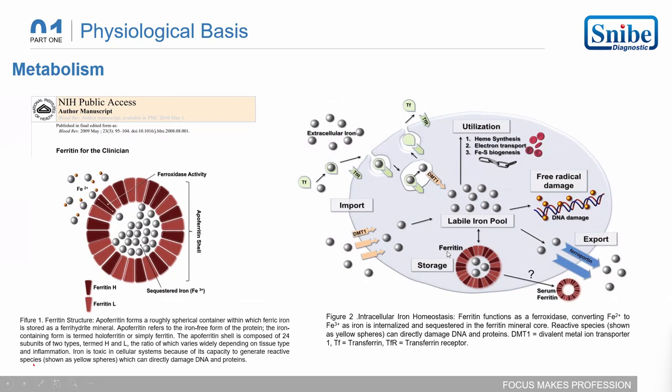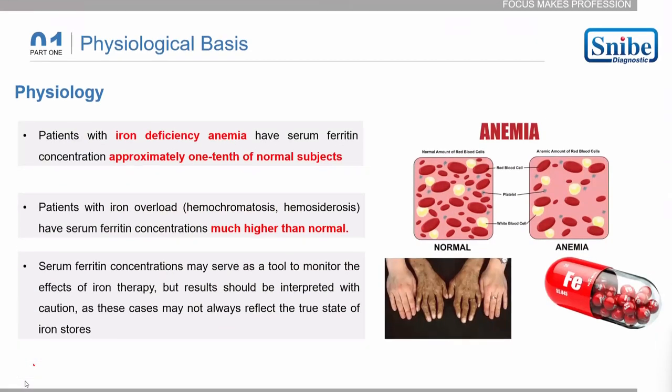The ferritin iron storage functions as a ferroxidase, converting Fe2+ to Fe3+, as the iron is internalized and sequestered into the ferritin mineral core. The reactive species, shown as a yellow sphere, can directly damage DNA and protein. The divalent metal ion transport involves transferrin and the transferrin receptors, and this is all about the metabolism. When this structure moves, this metabolism occurs.